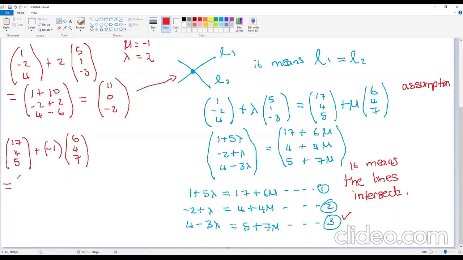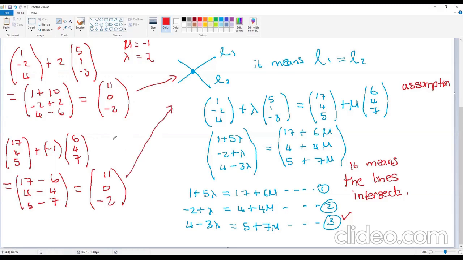This will be 17 minus 6, 4 minus 4, 5 minus 7. Then 17 minus 6 is 11, 4 minus 4 is 0, 5 minus 7 is -2, which is the same. So yeah, that marks the end of the lesson. Thank you.